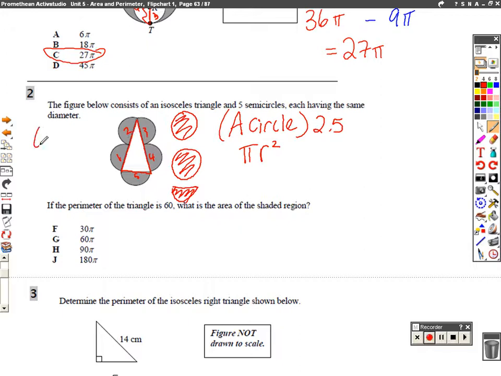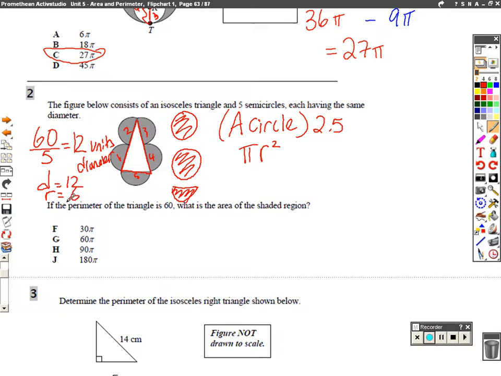So if we have 60 total, and I divide that by 5, that tells me that each diameter is 12 units. That's the diameter, or the distance across the circle. So if my diameter is 12, that means my radius is half, or 6.